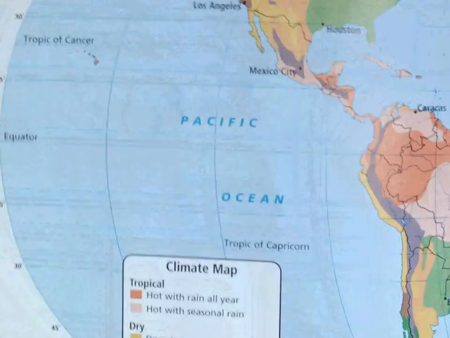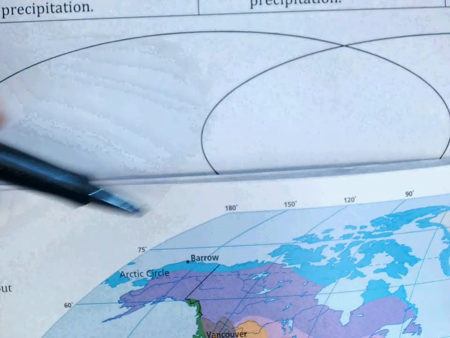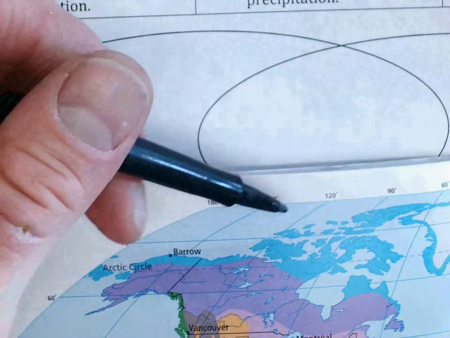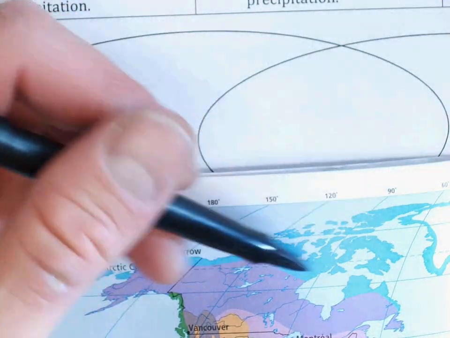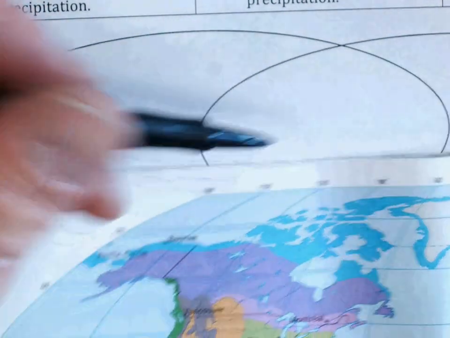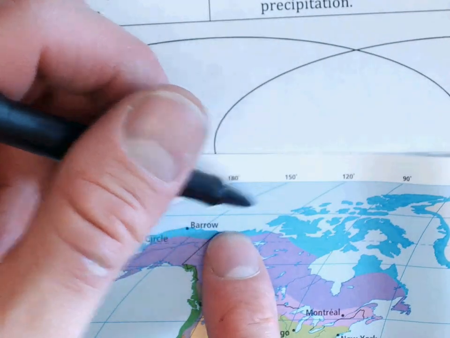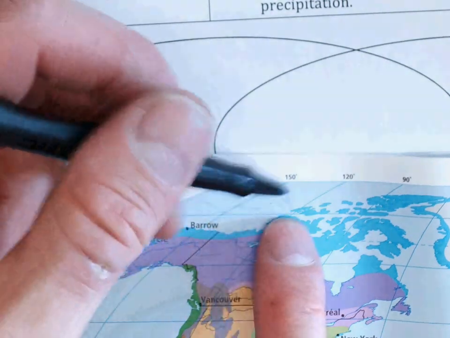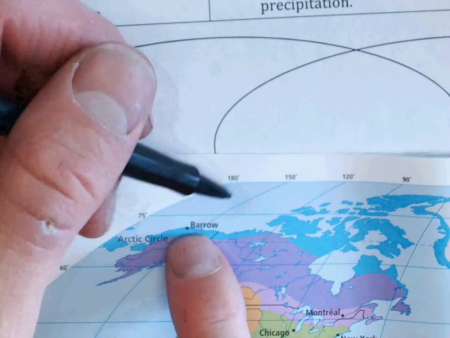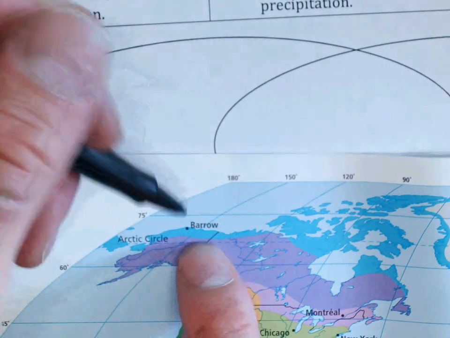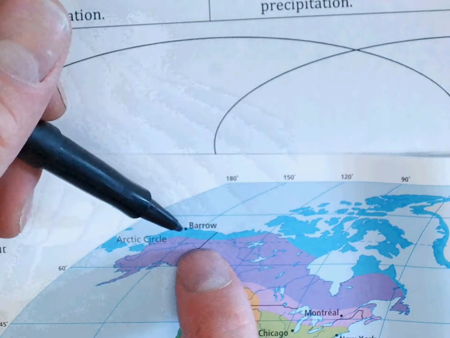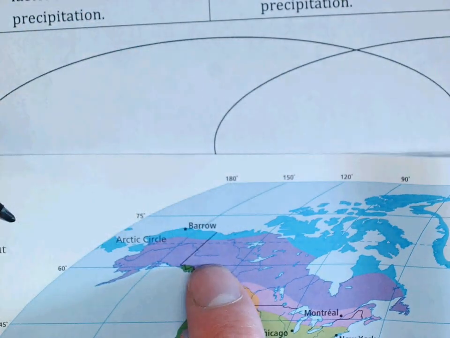The prevailing winds for Barrow are the polar easterlies, so you've got winds blowing off of this area here. Now you might think, oh, well that's water, but in the winter it all freezes, so you can think of it as an ice cap as opposed to water, which makes it so that it's not so much a maritime condition. In the summer there's a bit of a maritime condition, but in the winter not so much.